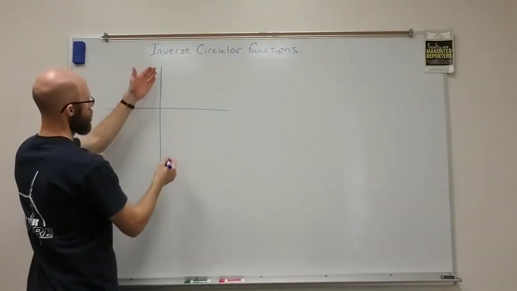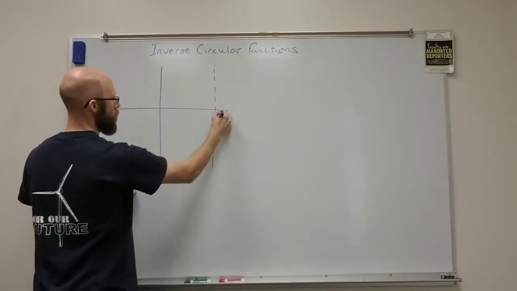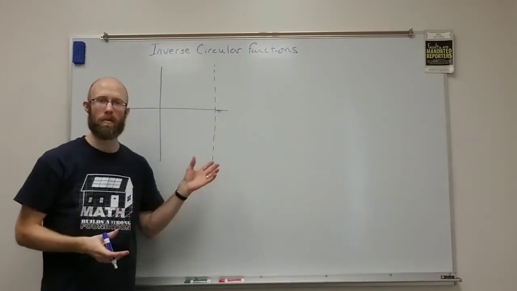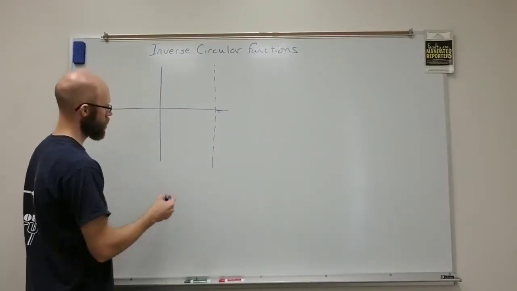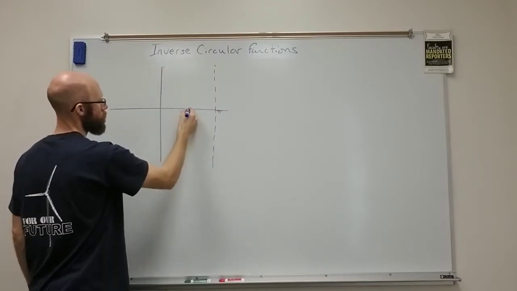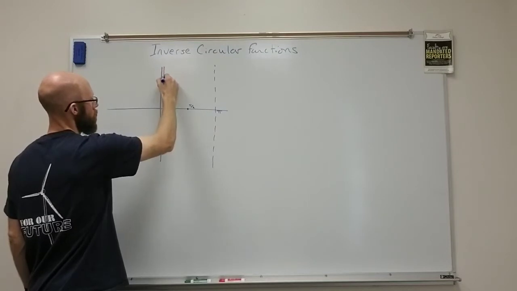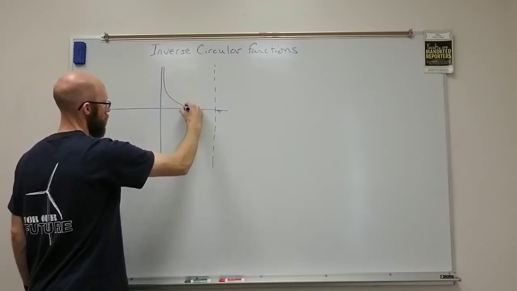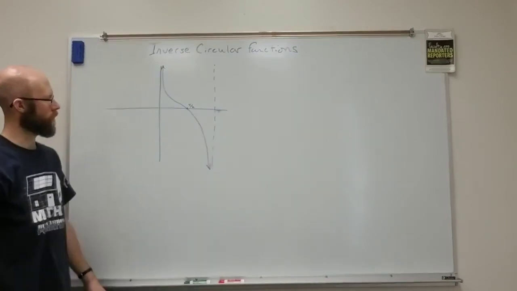And so you get one right on the x-axis at 0, one over here at pi. I don't need any more because this will give me a one-to-one function. And then the cotangent is a decreasing graph. So right here in the middle, pi over 2 is an intercept. And it's going to look something like that.